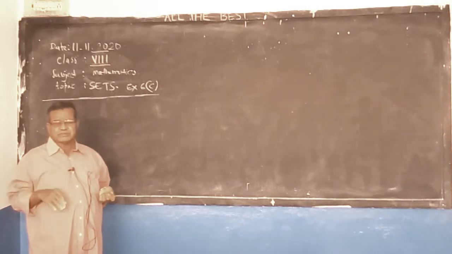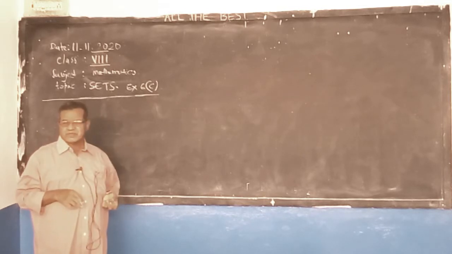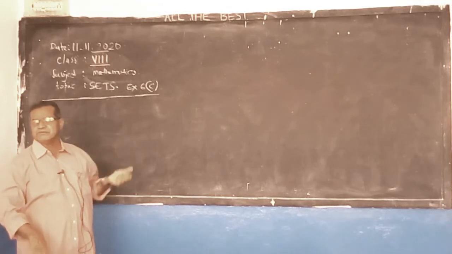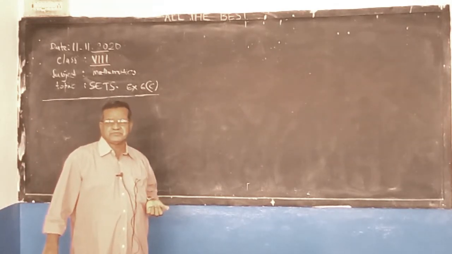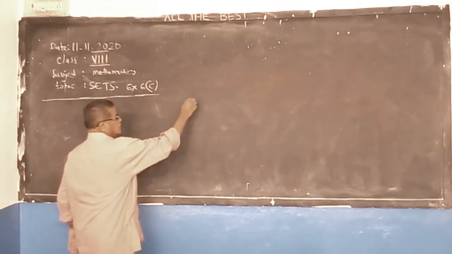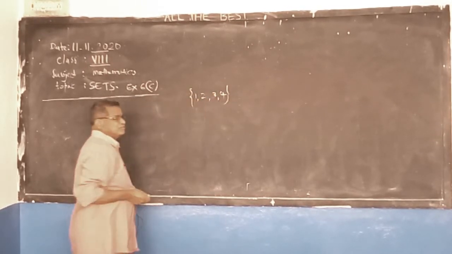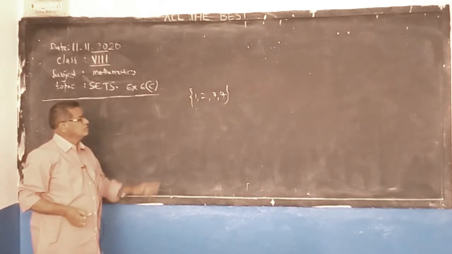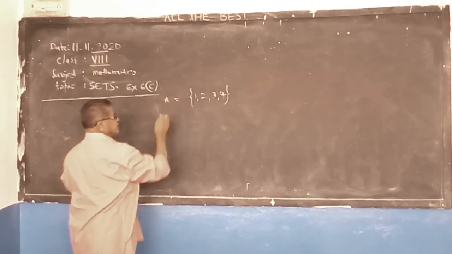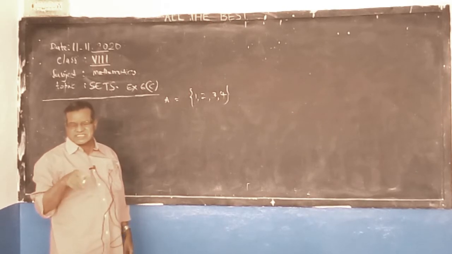We write these sets by listing all the elements and enclosing them with curly brackets: A, E, I, O, U, 1, 2, 3, 4. Now this is the set. 1 belongs to set A, 2 belongs to set A, and 0 does not belong to set A, because there is no 0 and no 6.